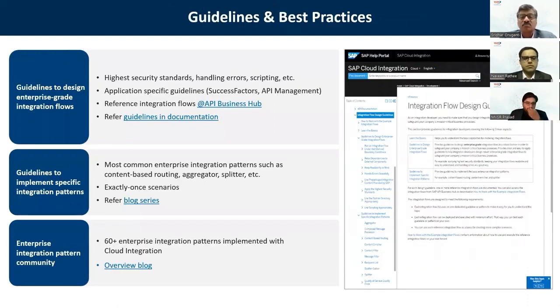So when it comes to the guidelines and best practices for once we target to move to integration suite, we have to definitely follow the guidelines and best practices for the iFlow design. Because everything cannot be migrated, there is a redesign aspect when it comes to lookups in the message monitoring and message mappings.